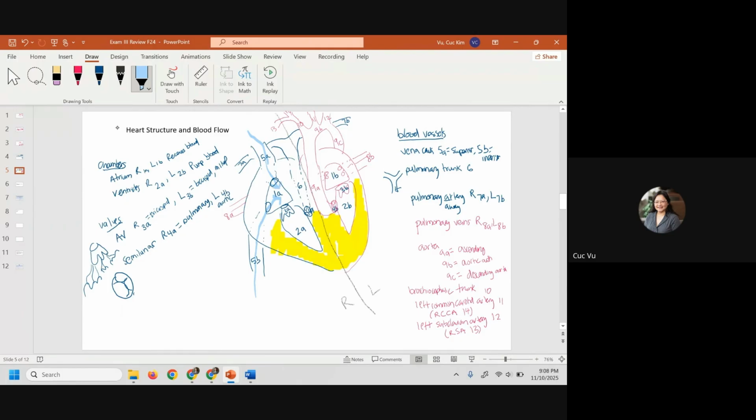From the right atrium, it passes through what valve? The tricuspid valve, into the right ventricle. From here, it passes through the pulmonary valve, and up what blood vessel? The pulmonary trunk, which splits into the pulmonary arteries.